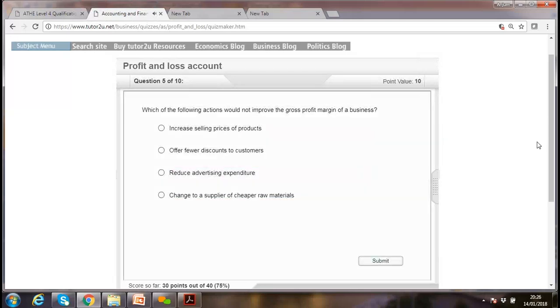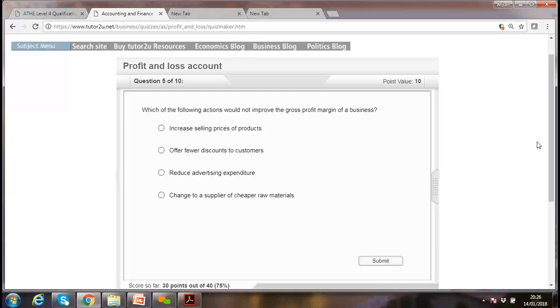Which of the following actions will not improve the gross profit? Gross profit comes from sales less cost of sales. So which of these actions: increase the sale price of the product, which normally should improve it; offer a few discounts to the customer; reduce advertising expenses; or change the supplier to a cheaper raw material. Three of them could improve it.